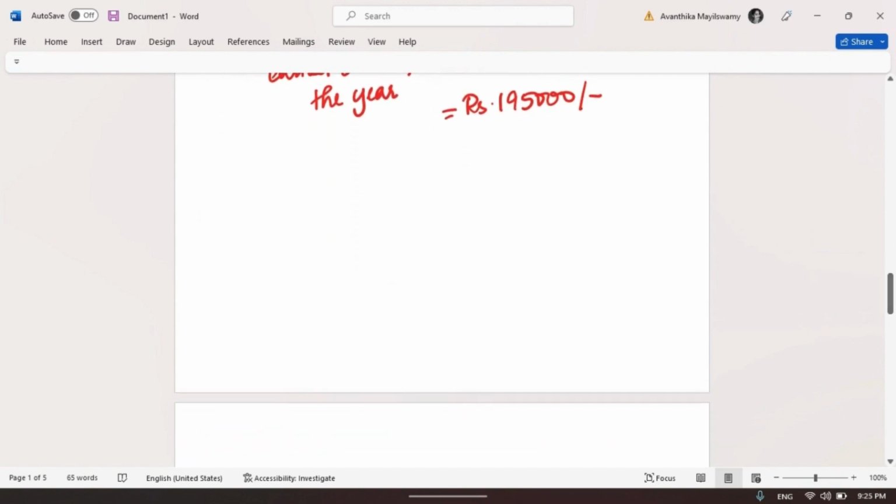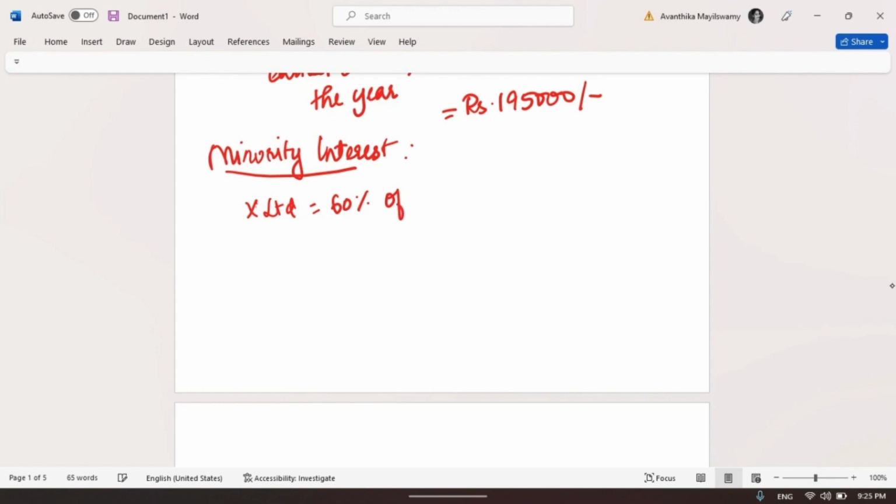So next is your minority interest. So what is meant by minority interest? We all know that the majority of shares of the subsidiary company is held by the holding company, and whatever remaining, the minor amount of shares, is held by an outsider or the minority shareholder. This is called the minority interest. So from this question, it is clear that the company X Limited holds only 60 percentage of Y shares.